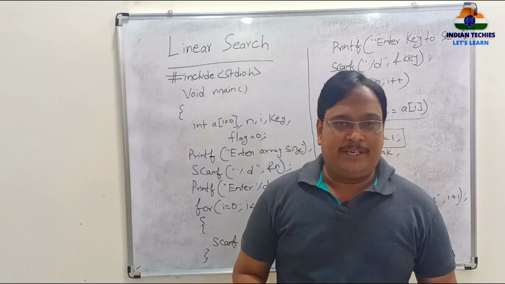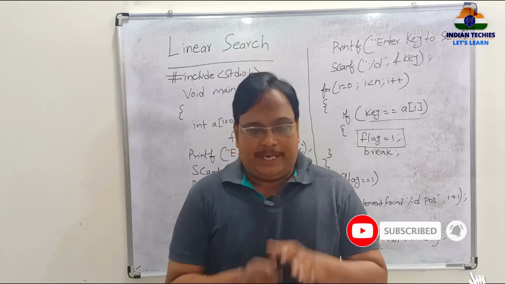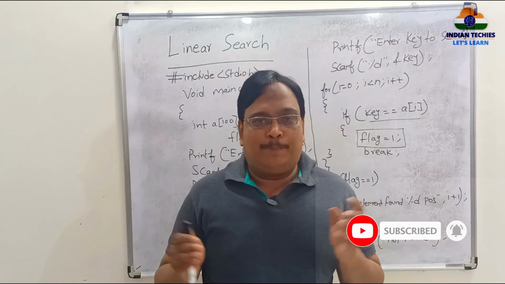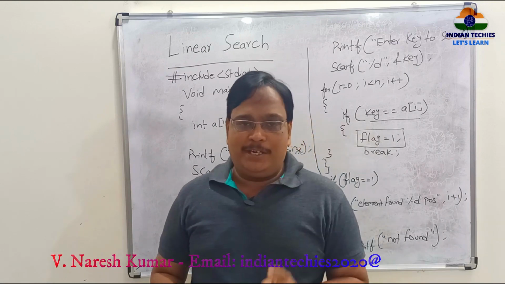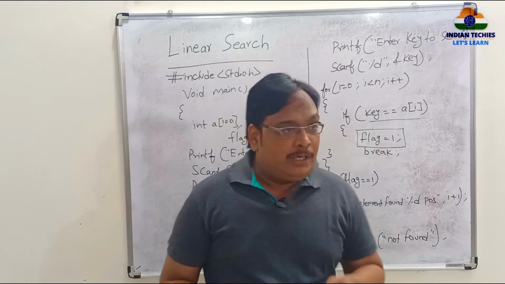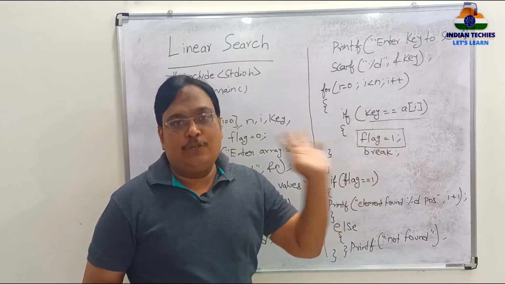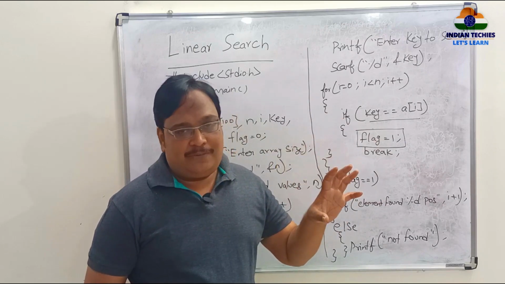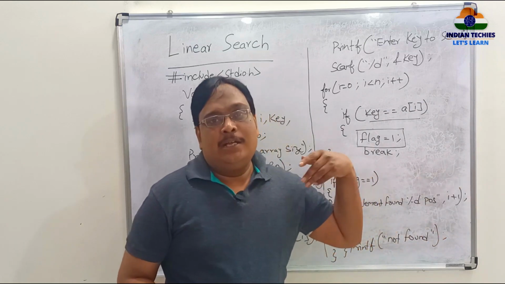Right? Now, in linear search, in a group of values, suppose you are searching for a particular value. That value may be repeated only one time or it may be more than one time. Now, this method identifies the first value only, even if that value is repeated n number of times in the list.